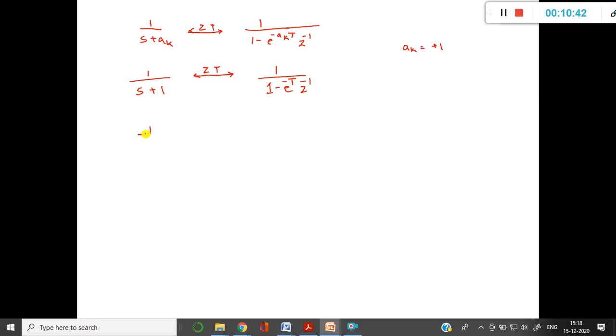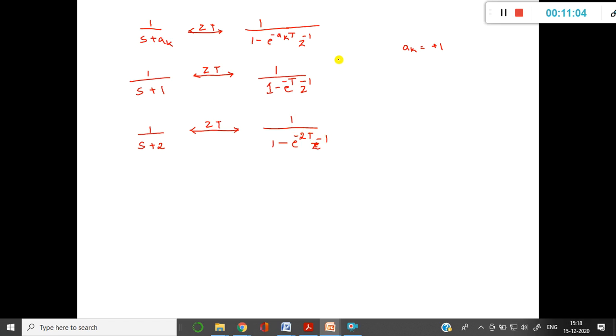Now what about s plus 2? This is 1 divided by (1 minus e to the power of minus 2T z to the power of minus 1). So which means that H of z is equal to 1 by this minus 1 by this, right?